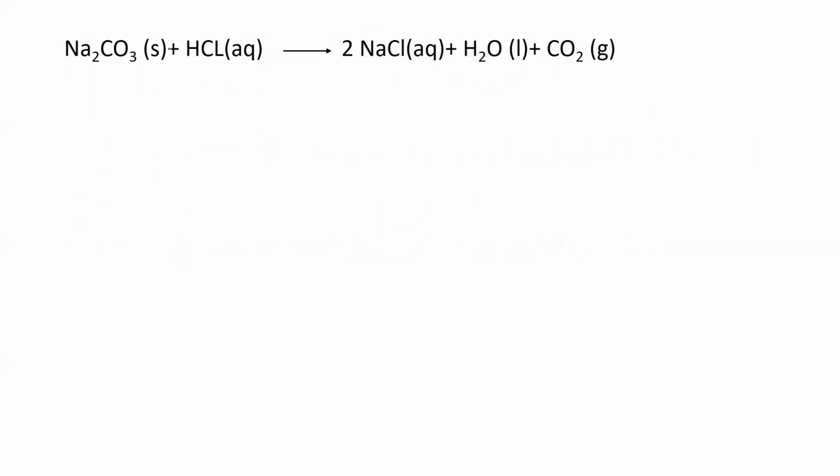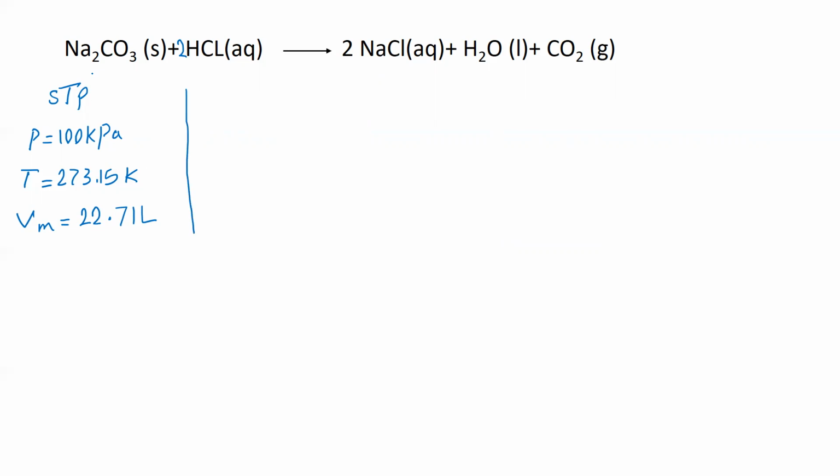Firstly, you need to remember that when we say STP, it means the pressure is 100 kilopascal and the temperature is 273.15 Kelvin, and in this situation, 1 mole of any gas has a volume of 22.71 liter.